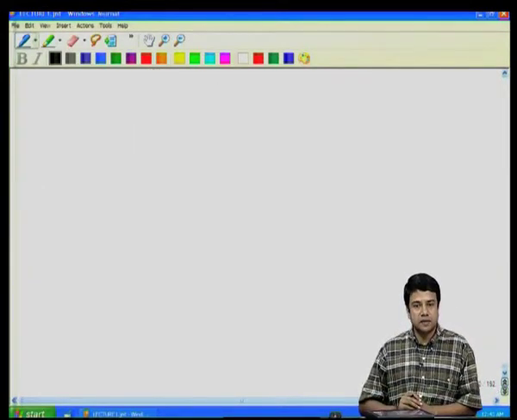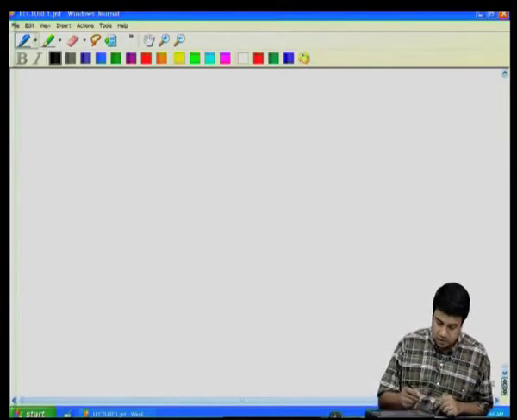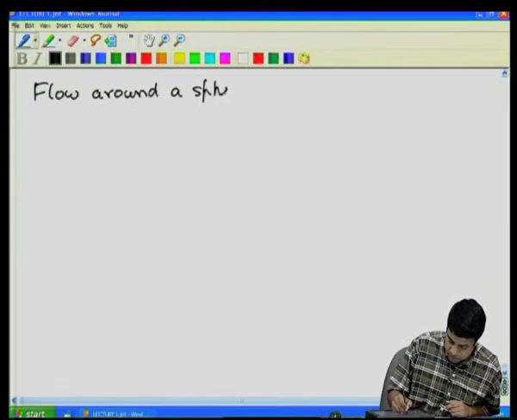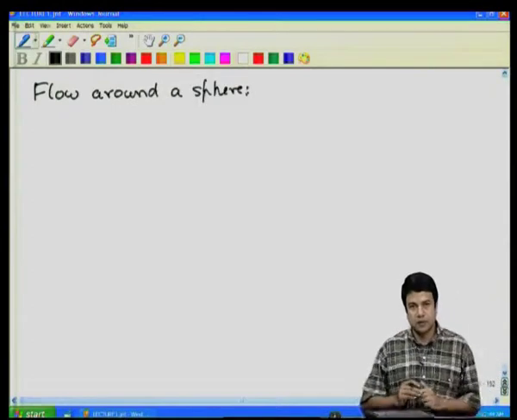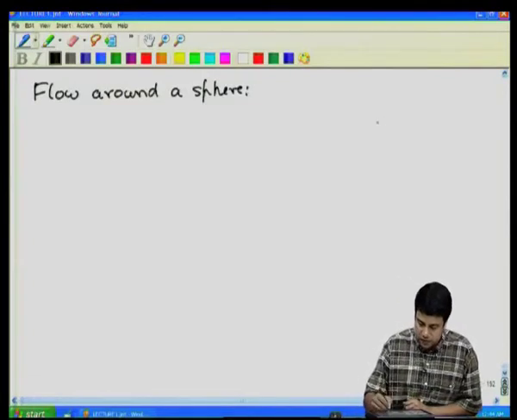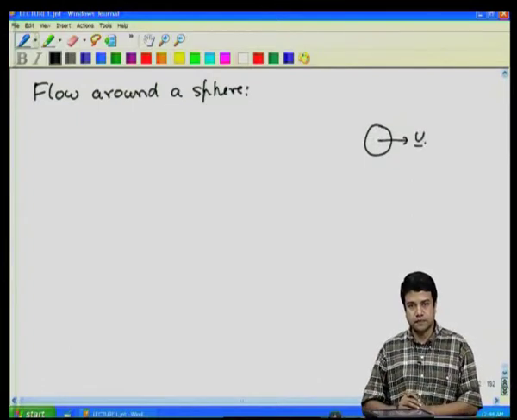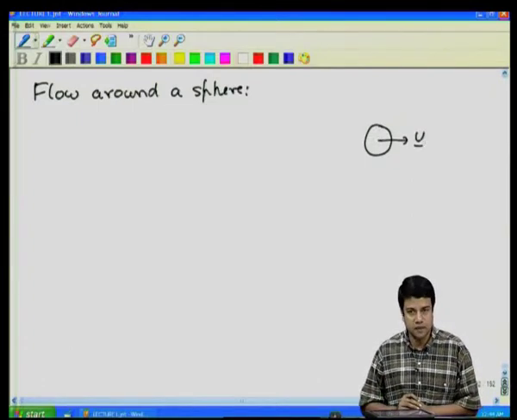So next let us solve the simplest potential flow problem, that is the flow around a sphere. Potential flow solution for the flow around a sphere: I have a sphere that is moving with some velocity U vector, and I want to know what is the velocity field around the sphere.